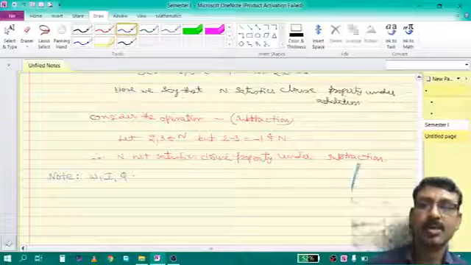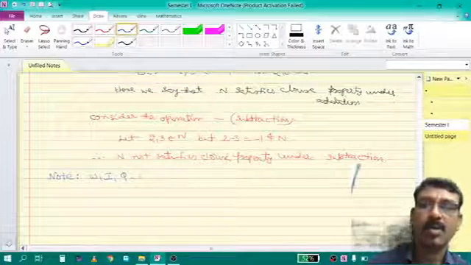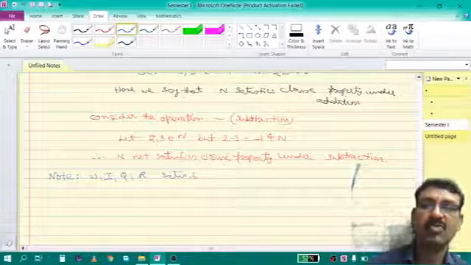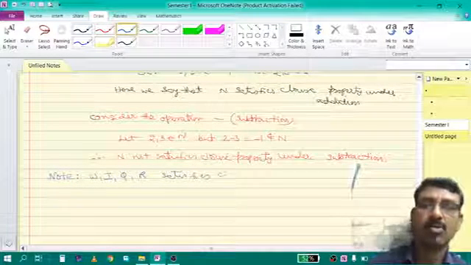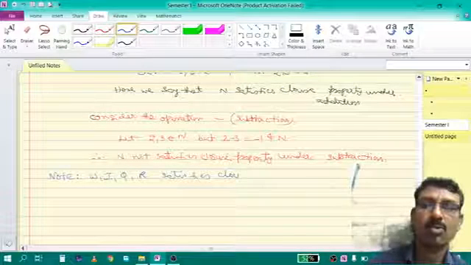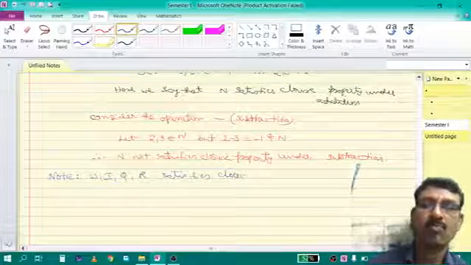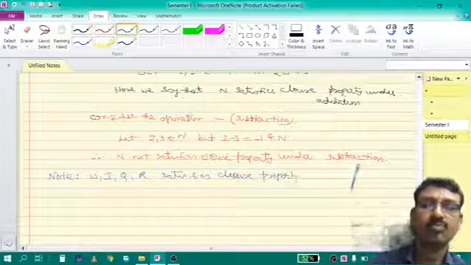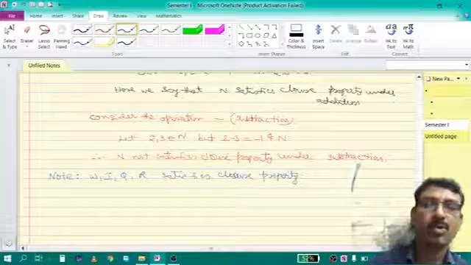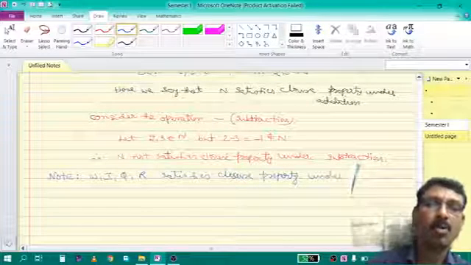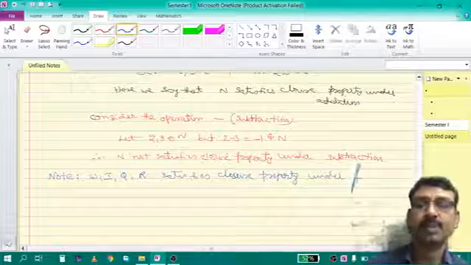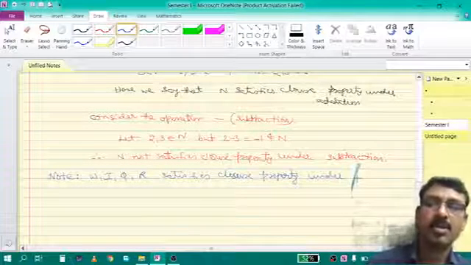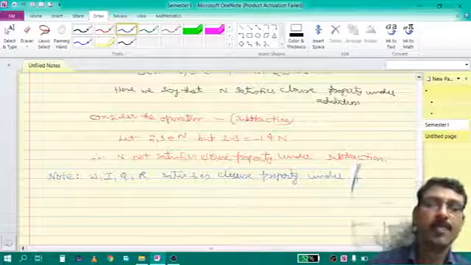Rational numbers and real numbers satisfy closure property under addition. But all these sets do not satisfy closure property under subtraction.